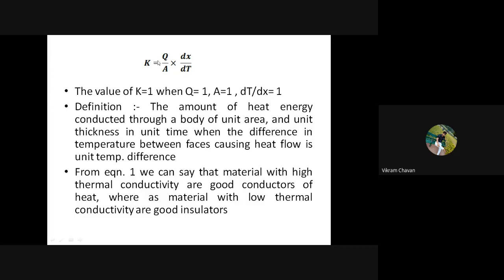Okay, so please note down the definition of thermal conductivity. First write this equation, then you will come to know how we have defined thermal conductivity. K is equal to Q divided by A multiplied by dx divided by dT.